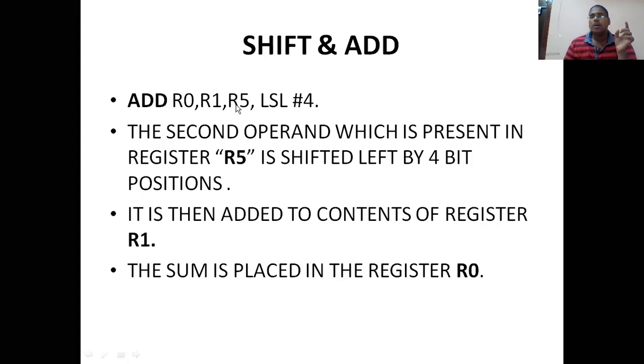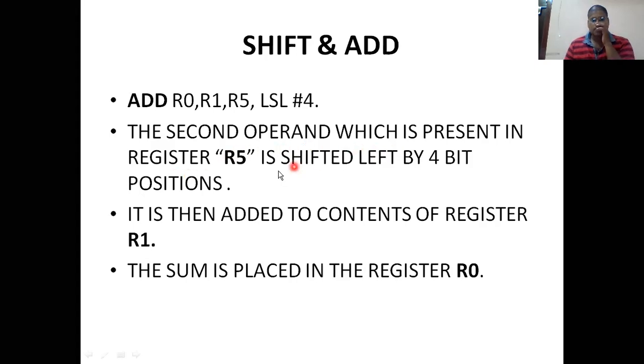We need to shift left by 4 times, because #4 is given here. #4 indicates how many times we need to shift. For every one time we shift 1 bit, either right or left. So since #4 is mentioned, we are going to shift that value 4 times.